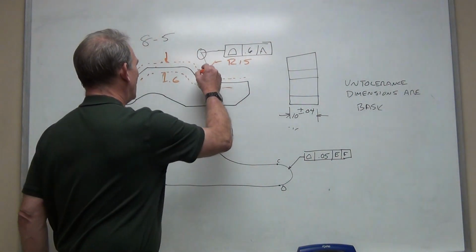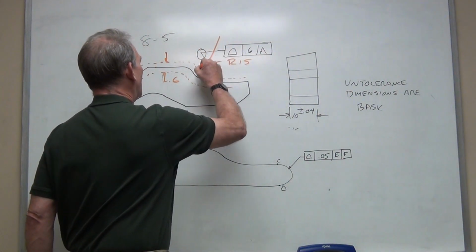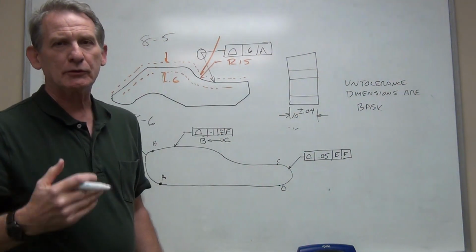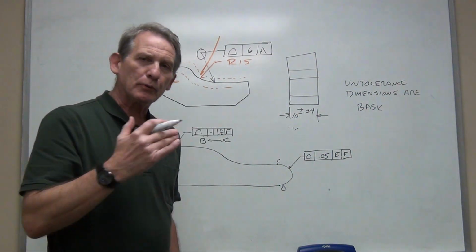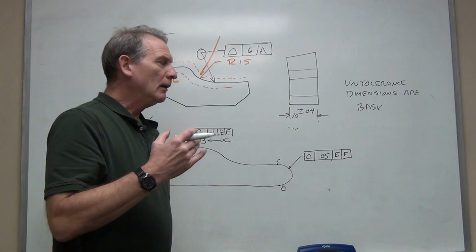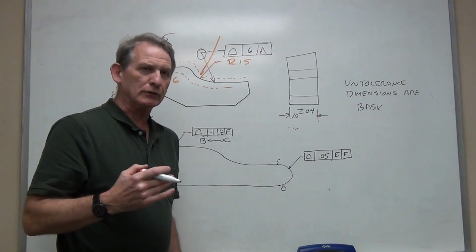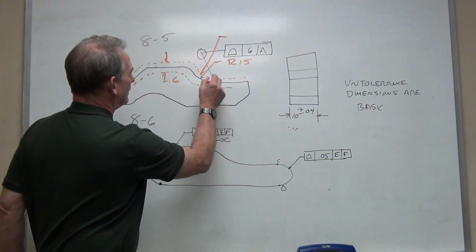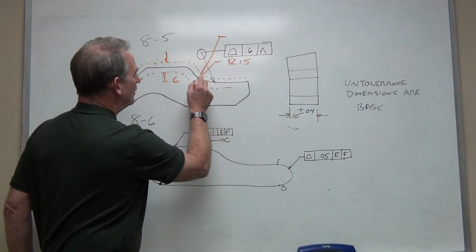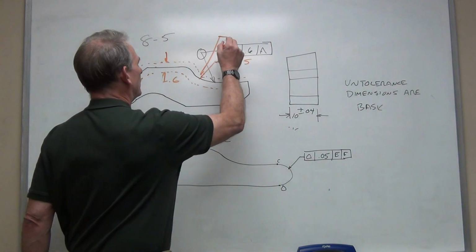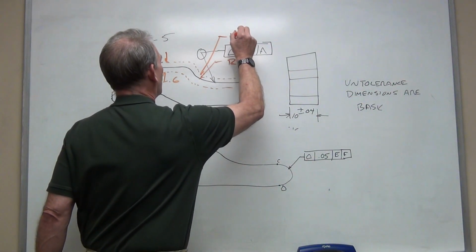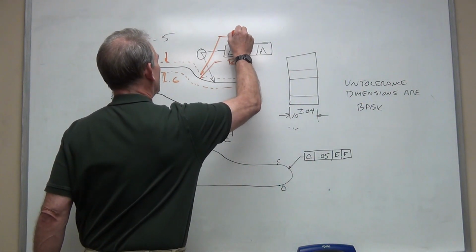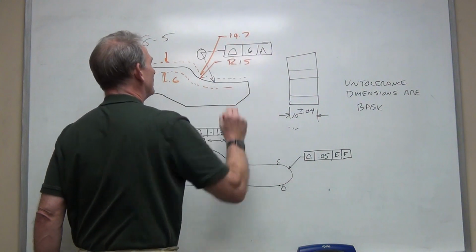But if you look at the tolerance zone, that radius has got to have the same center point as the previous radius. That would define its location, but it has a radius that is equal to this minus that distance, which is 0.3. So it is 14.7 radius.